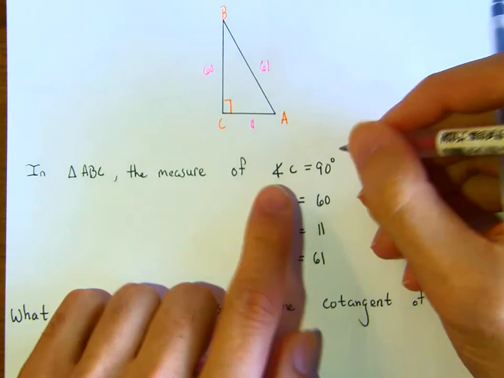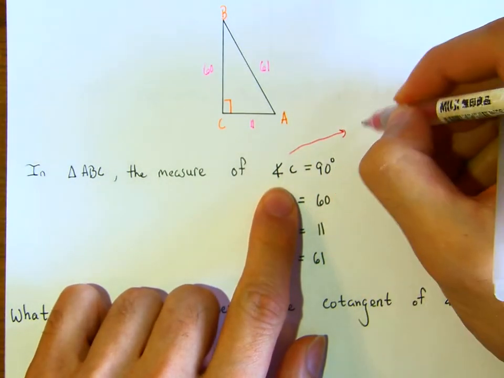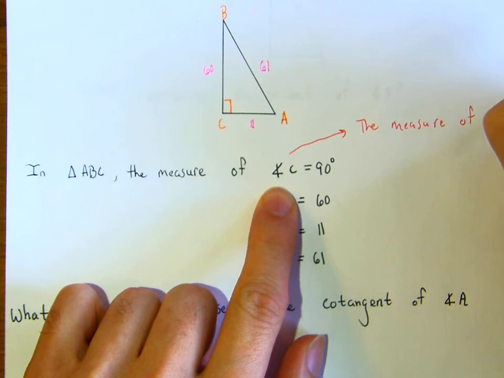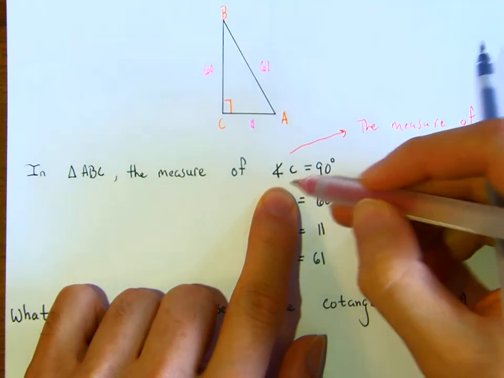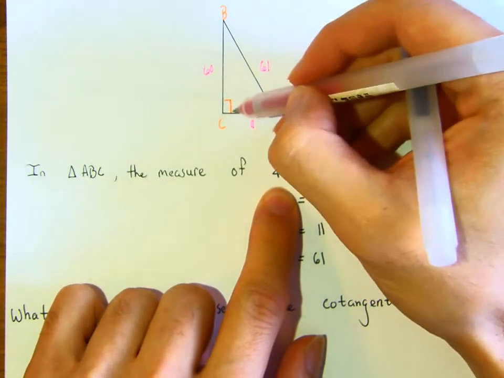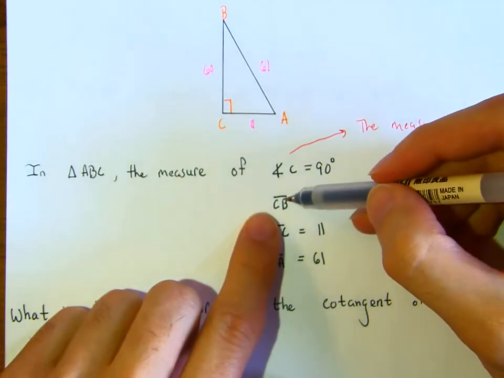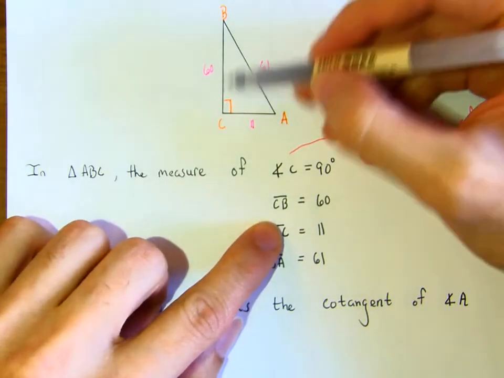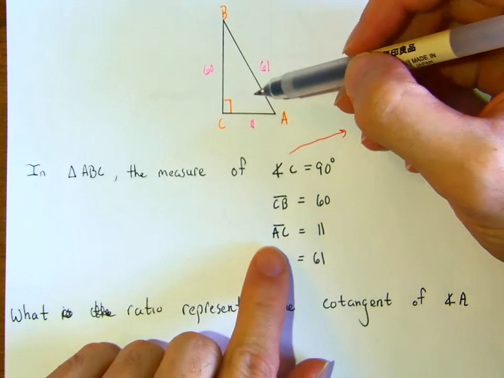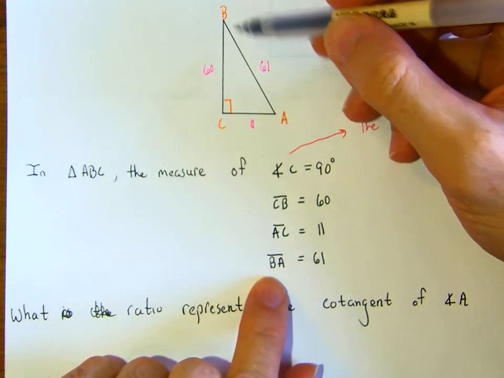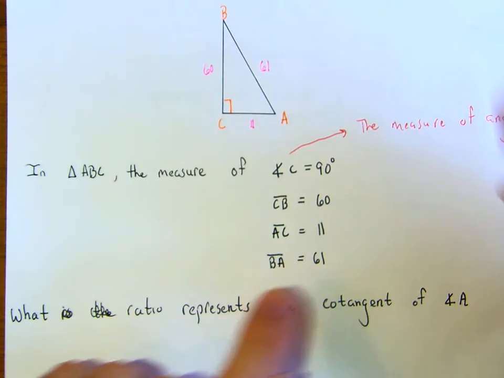The way you read this, you say the measure of angle C is 90 degrees. Okay. Notice what is this saying? That the line C to B is 60, A to C is 11, and B to A is 61.